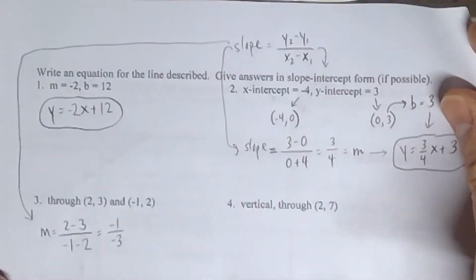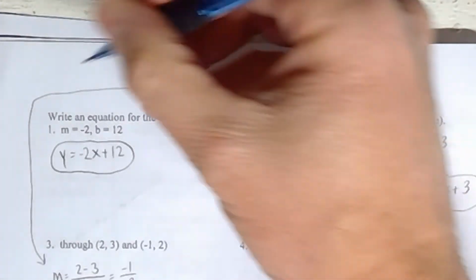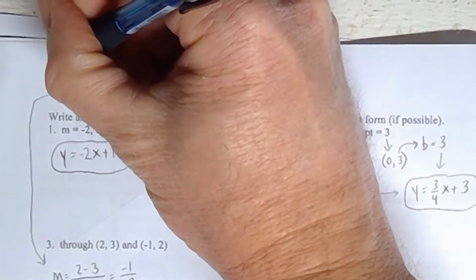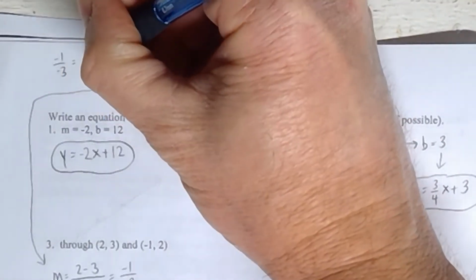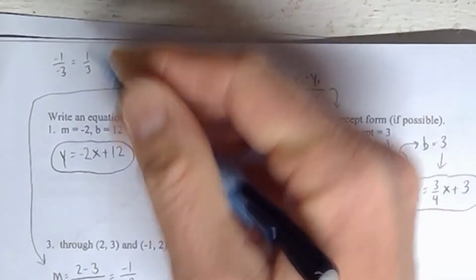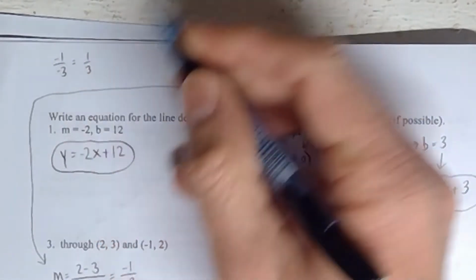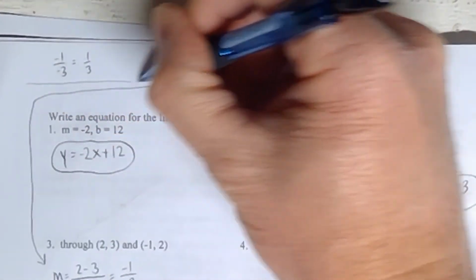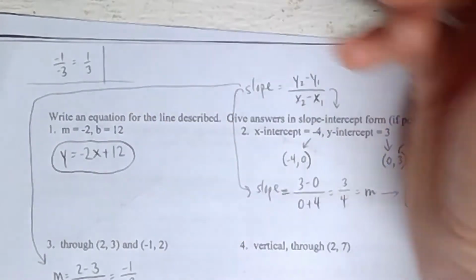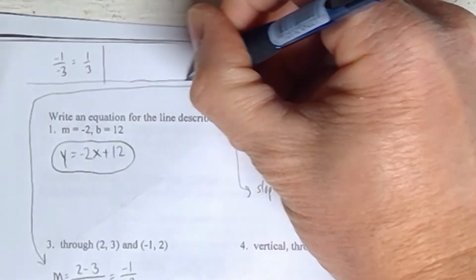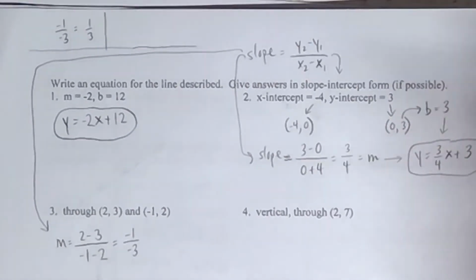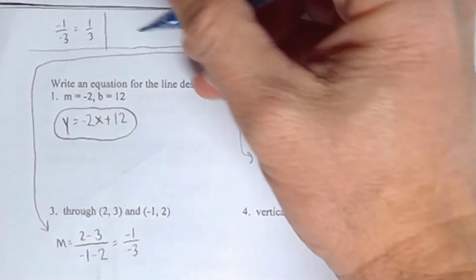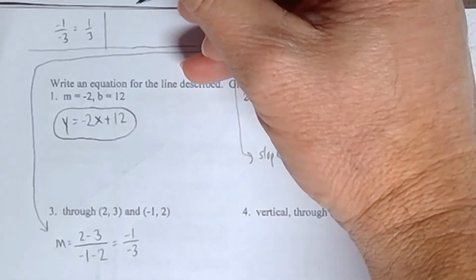Now, a little review here, you guys, if I may, up here at the top. Remember that when you have a negative over a negative like that, that's the same thing as positive over positive. So you could write it that way just to kind of make it look a little cleaner without all the negative signs there. And again, just as a review here, I know this is not the case in this current problem that we're working on, but you'll see it in the future and in some other problems we've already done.